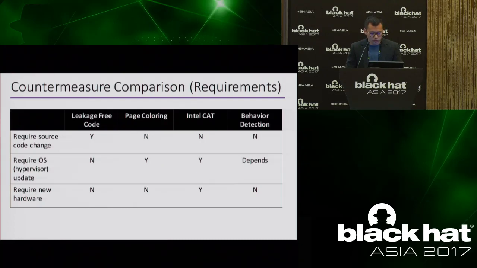If we use the Intel CAT, the first constraint is you will need pretty new hardware that has the feature. And also, it will require some operating system update such that you can leverage the Intel CAT feature to provide this kind of isolation. Now, for behavior detection, whether it requires an operating system change depends on the scenario.